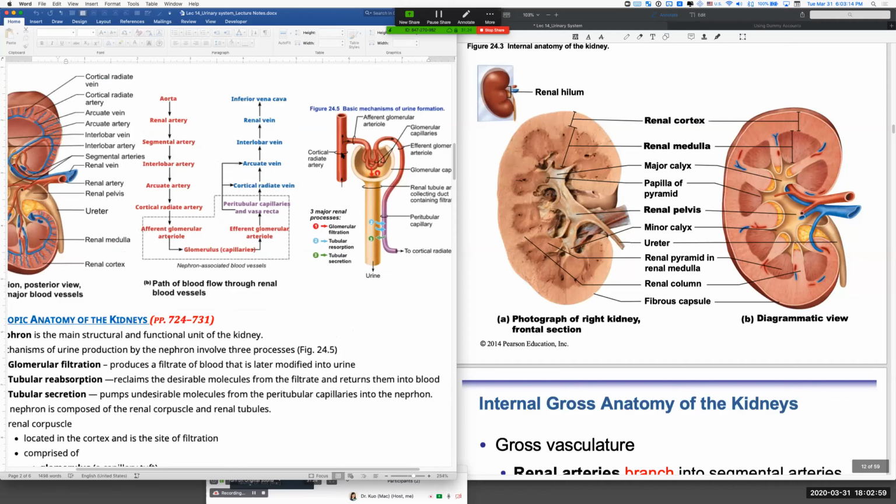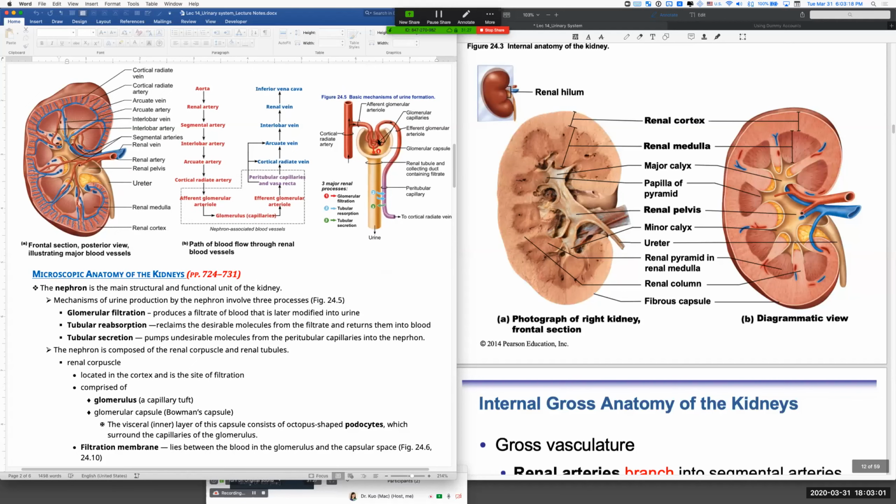At the level of the glomerulus, this glomerulus determines what in the blood can be allowed into the nephron. So if it passes into this glomerular capsule, it will continue through the renal tubule, and eventually it may end up in the urine.